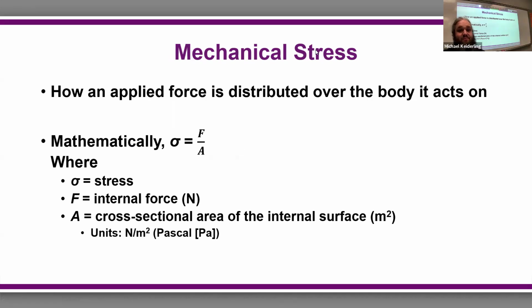So mechanical stress is how an applied force is distributed over a body that it acts on. Mathematically, stress is force over cross-sectional area of the internal surface. So if you have a rod, and you have some force applied downwards on it, the area in question would be a slice through the rod.